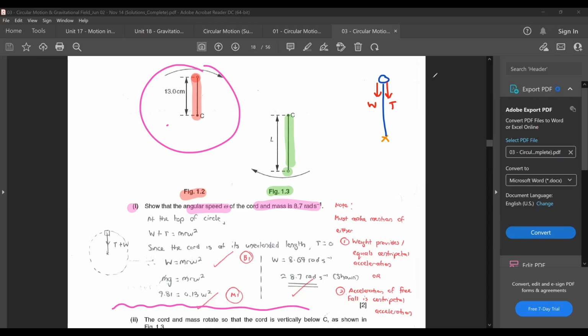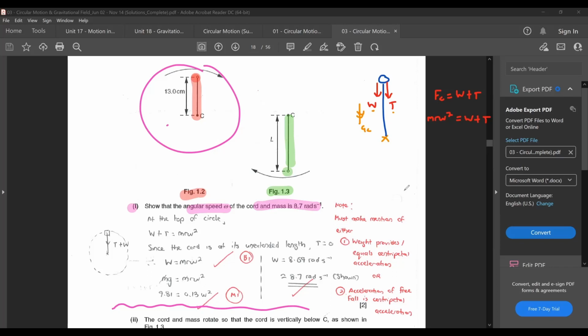So my centripetal force is W plus T, which in turn will give me mr omega square. I already know that my centripetal acceleration is directed towards the center of the circle, so both these forces are in the same direction, therefore it is positive.